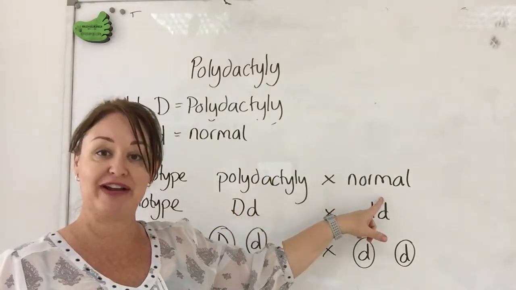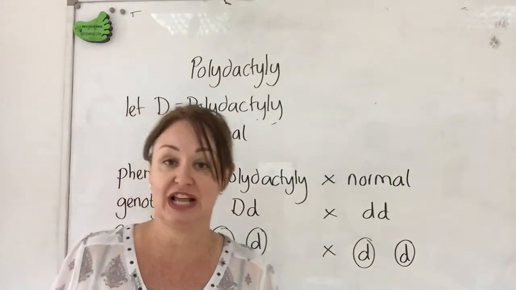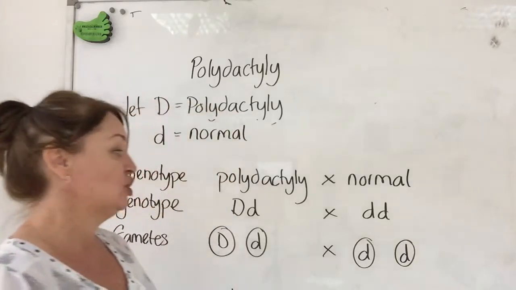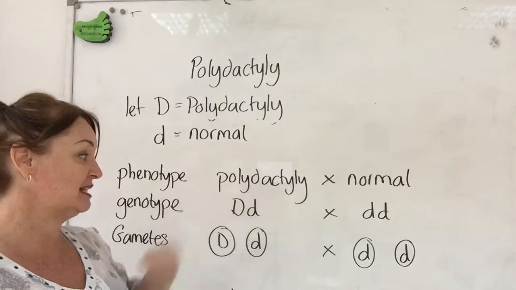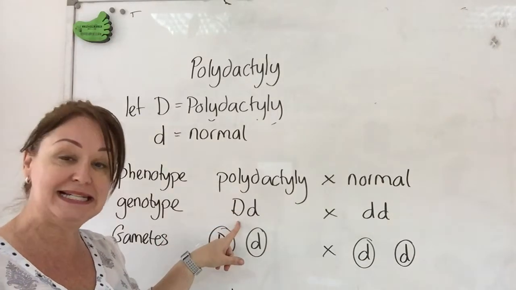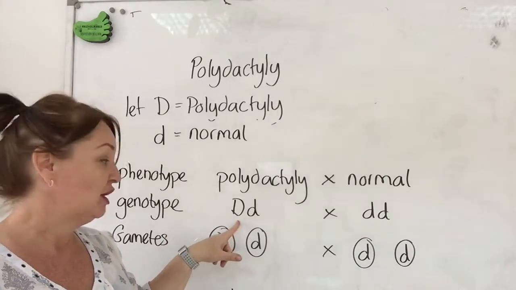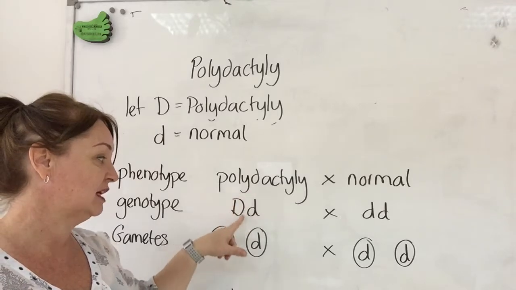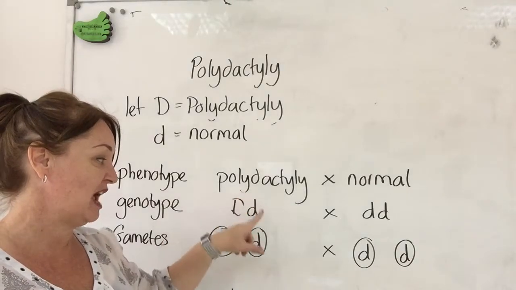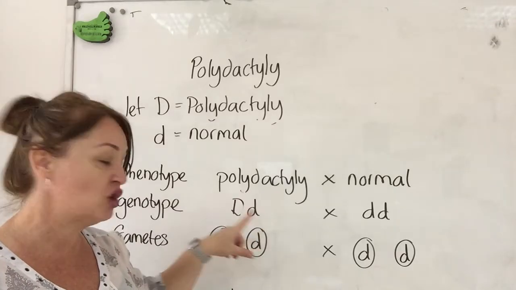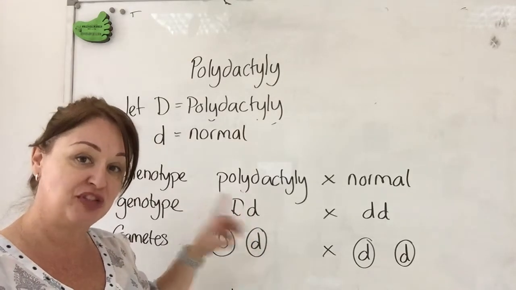And imagine they're marrying a normal individual who doesn't have an extra digit. So their genotype in this case for the polydactyly person is big D, little d. They've got one allele that carries the polydactyly mutation, and they've got a normal one. They could be big D, but they're not in this case.